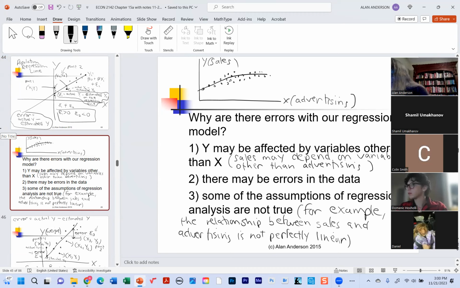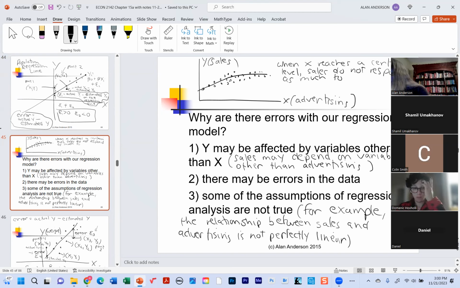What's happening is that when x reaches a certain level, sales do not respond as much to advertising, because people get tired of seeing those ads on TV.